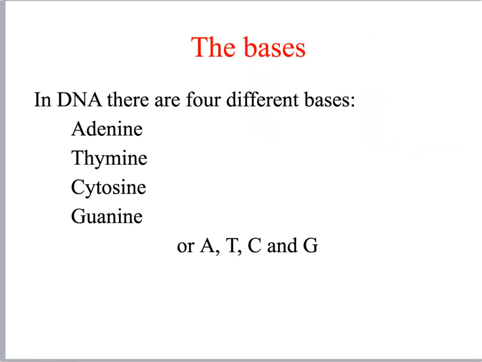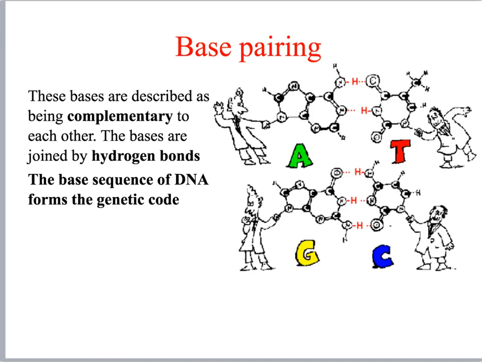We'll look in a wee bit more detail at these strands in a moment, but I want to just quickly remind ourselves about the bases on DNA, which are adenine, thymine, cytosine and guanine. And you'll remember from last year, these bases are described as being complementary to each other, where your adenine base always pairs up with your thymine base, and your guanine always pairs up with your cytosine.